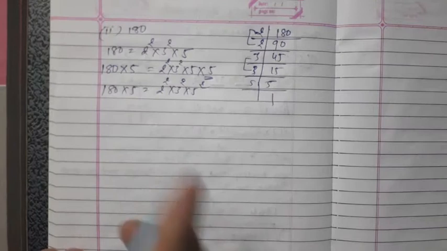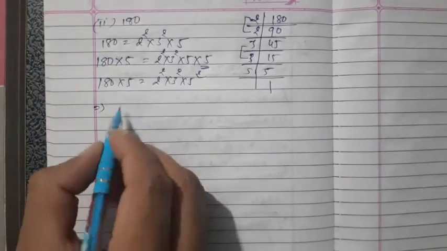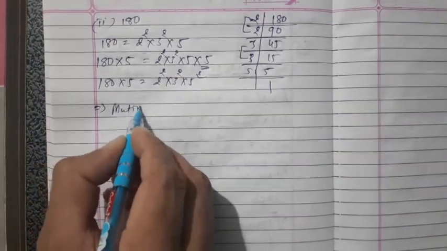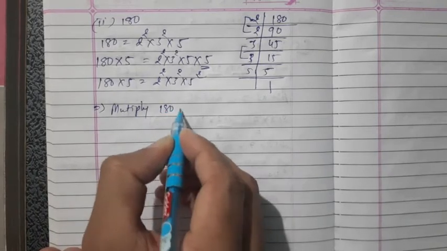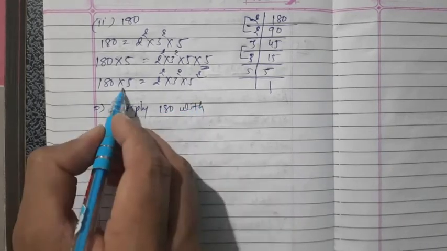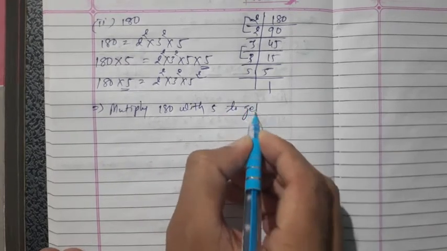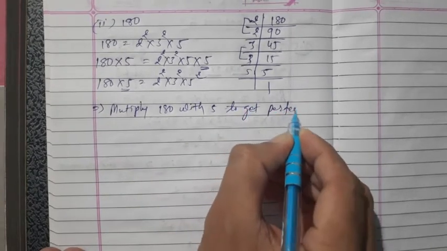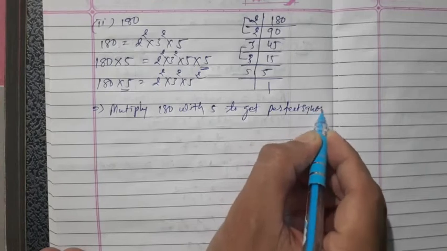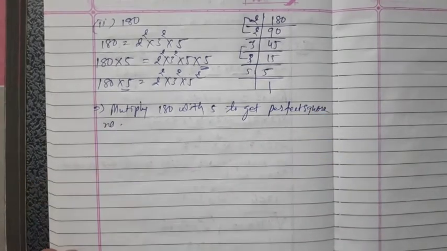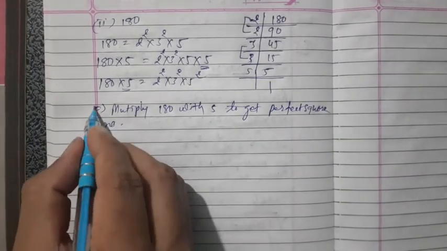Write down the statement: multiply 180 with 5 to get a perfect square number. That's your first answer.